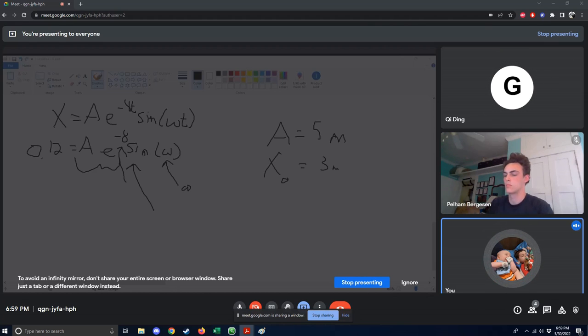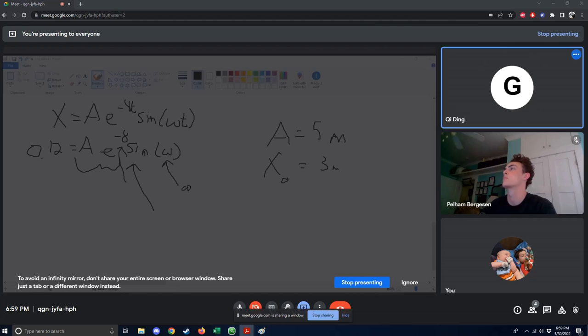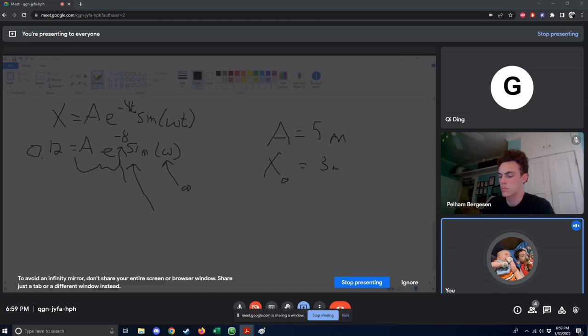So they want us to differentiate this equation with respect to... Do they say specifically? No. Let me just reread the question. All right, so we're solving for omega. So we're going to differentiate the amplitude with respect to omega, because that's actually the variable term in the equation.